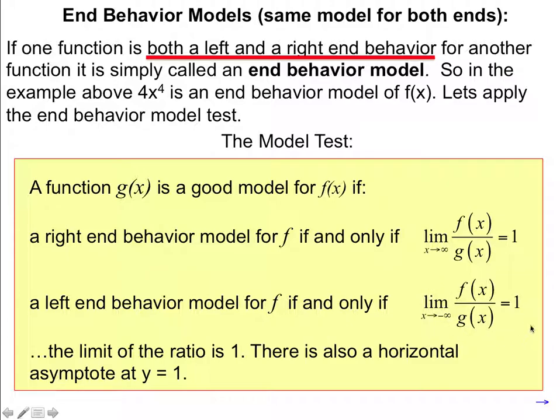And so again, if we get f of x over g of x equal to 1, then it's a good model for the left-hand side and the right-hand side. Okay, and then the other thing is that there's also an asymptote there, because this is our strategy for finding horizontal asymptotes. That's what that bottom line is saying. We have an asymptote at y equals 1, because finding the limit as x goes to infinity and minus infinity is our strategy for finding horizontal asymptotes.